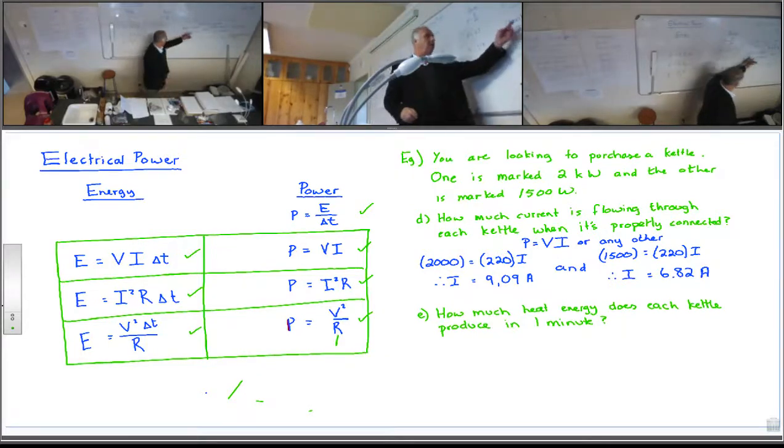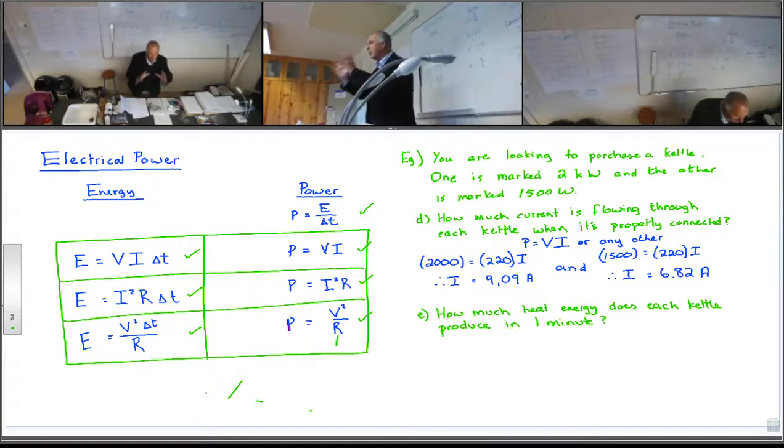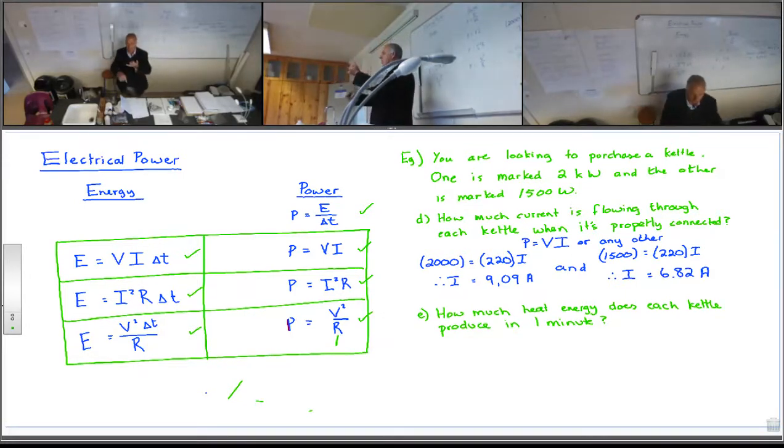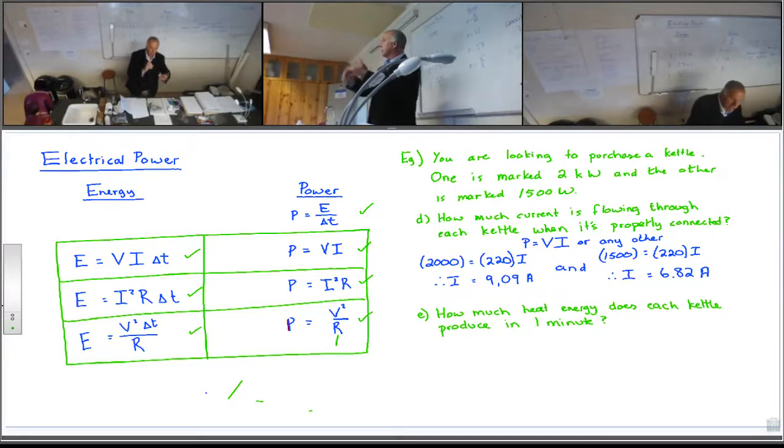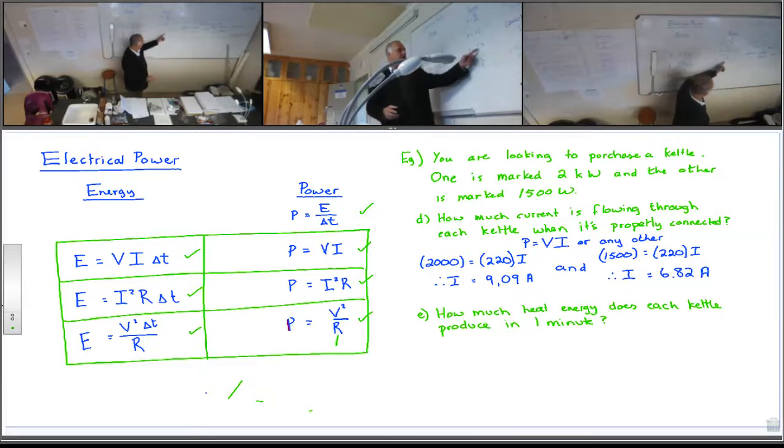The high-powered one gets more current. And what did I say to you last year? The main thing with all electricity that determines how hot the plate gets, how fast the kettle boils, is the current, not the resistance. And as you can see here, both the current and the resistance affect the power. But the current's effect is squared. Therefore, if you can double the current and halve the resistance, it will work better to give you more power.